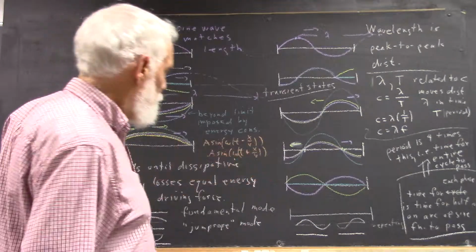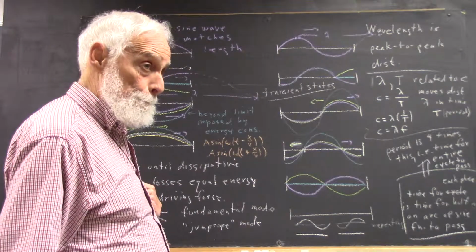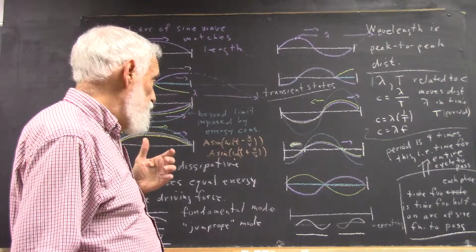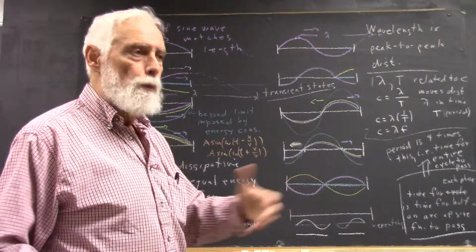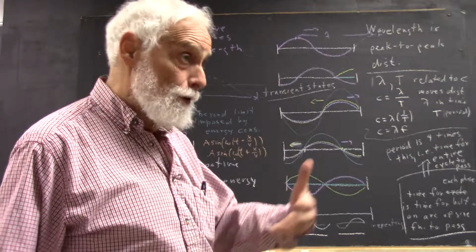This is a wave that's moving to the left. And you can understand that by the way functions transform with horizontal shifts. So you want to be sure you do understand that.